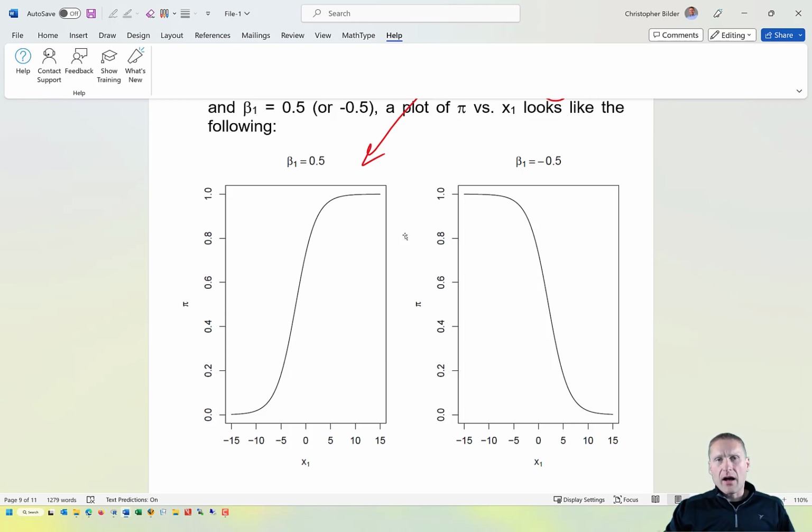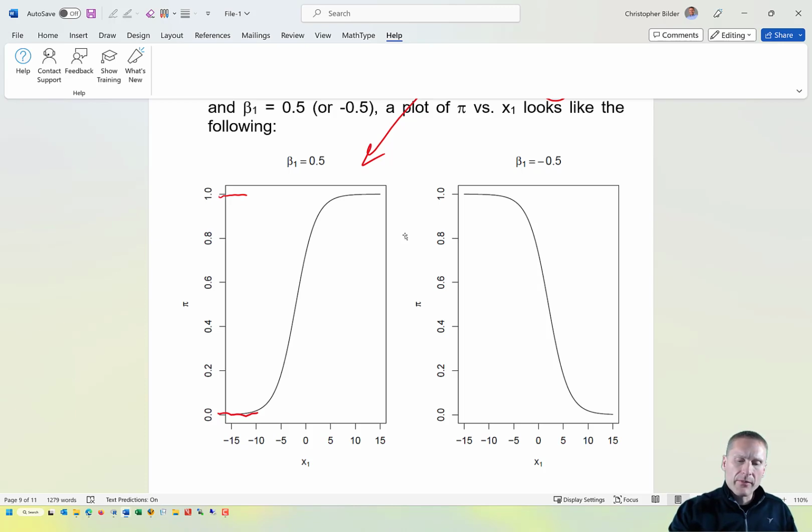Notice that that's a positive value. And so what we see here with this curve that has resulted is that the curve is always above 0. It's always below 1. It has an S shape to it, which actually has a special name called sigmoidal. We see some other interesting things.